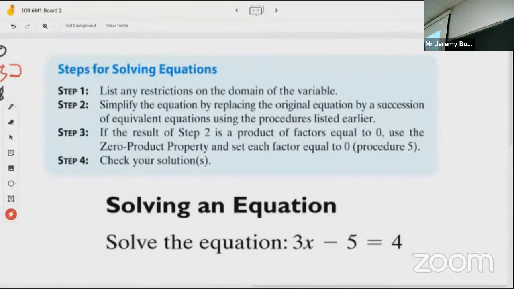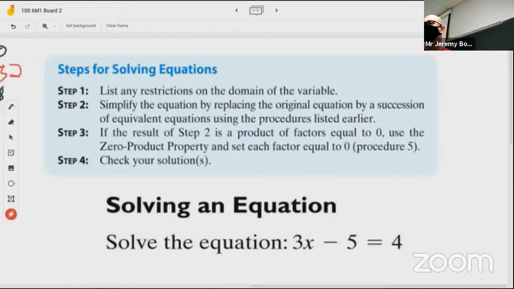Step 2, simplify the equation by replacing the original equation with equivalent equations using the procedures listed earlier. What we want to do is get all the variables that we're trying to solve for on one side, everything without that variable on the other side, and then isolate the variable.